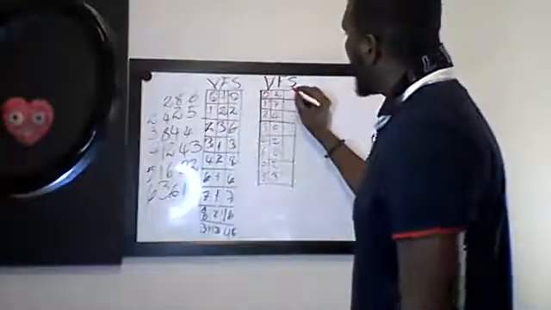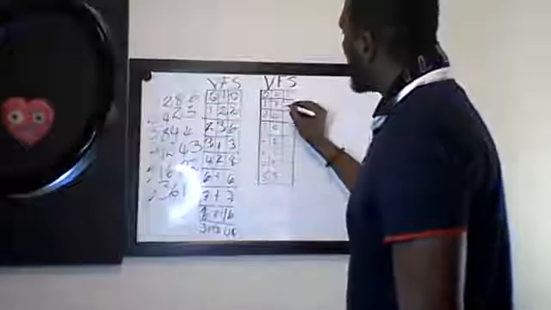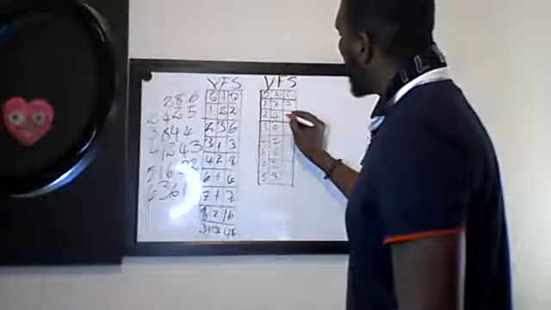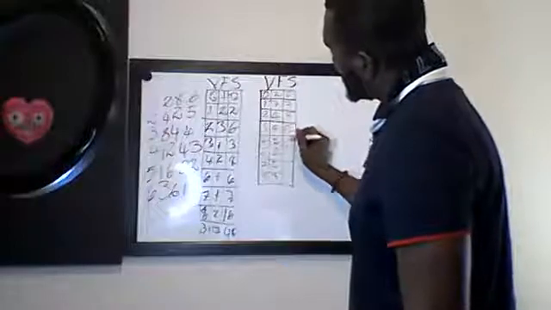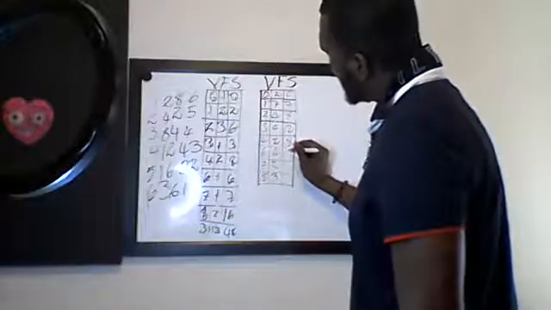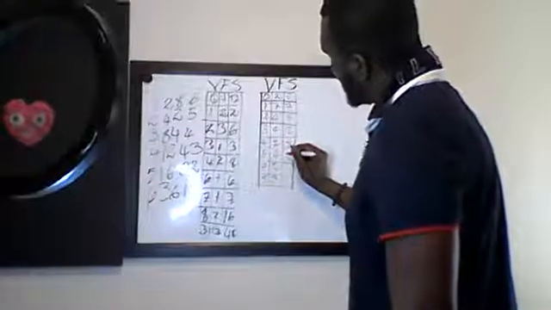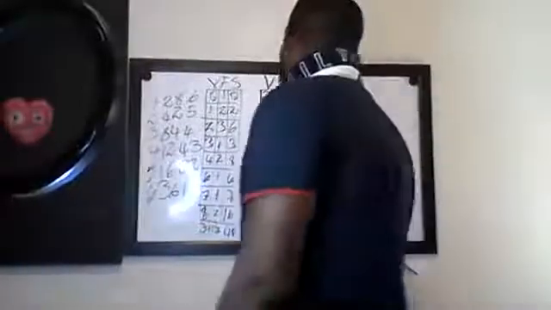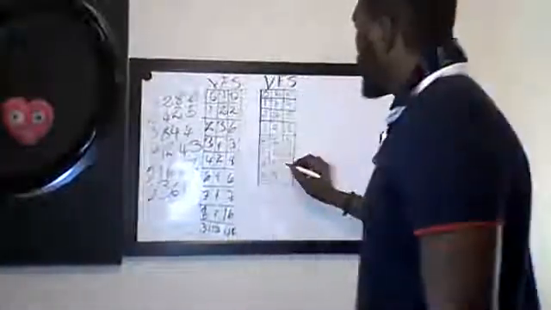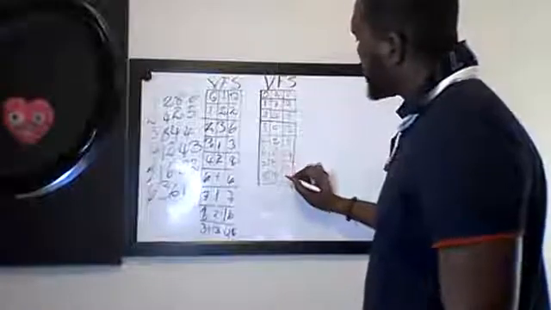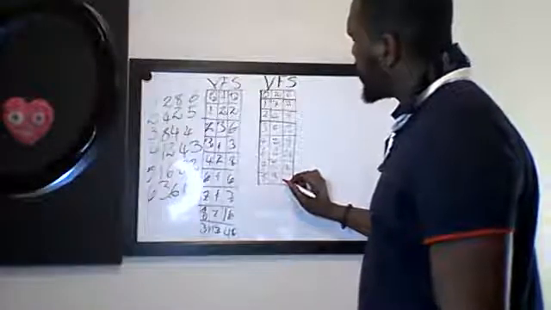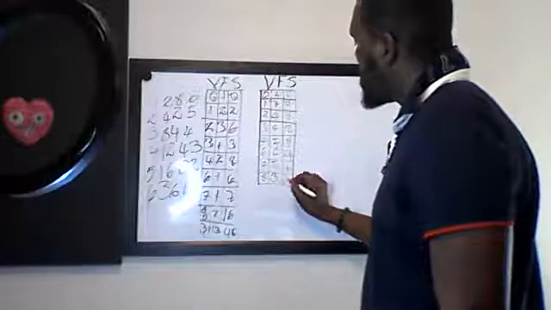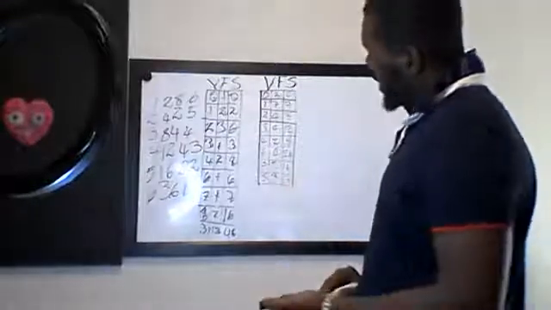We multiply 0, 7, 8, 12, 8, 24, 14, 16, 16, 24. Okay.